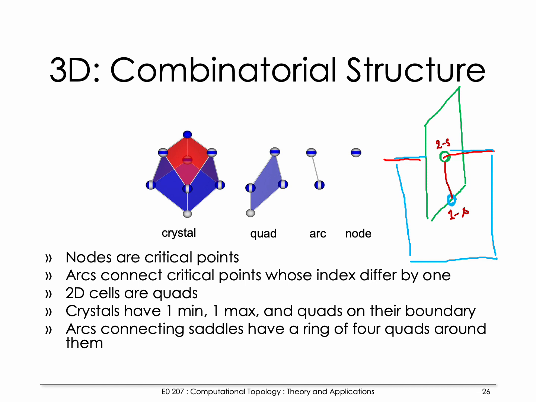There are two quads that come from the green descending manifold, and two more quads that come from the cyan ascending manifold, right? So we are talking about the ring of quads around this arc. So this is an important combinatorial structure. Again, it requires some imagination to understand why this is true.